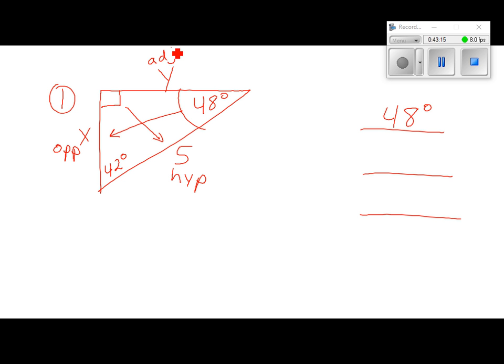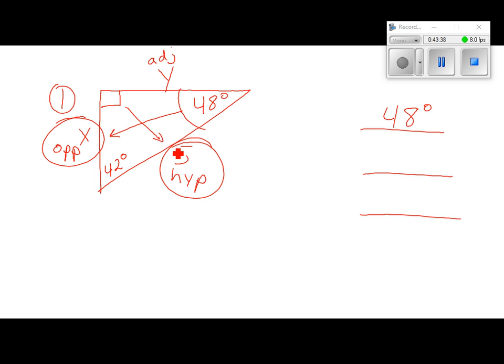Now, this time we actually care about all of them, so we can't just get rid of one. But we're going to get rid of one while we find the other. So you have to pick which variable you want to find first. X. We're going to use this side, and are we going to use this side? No, we don't want 2 variables in the same problem. So we're going to use this side and what else? Hypotenuse.